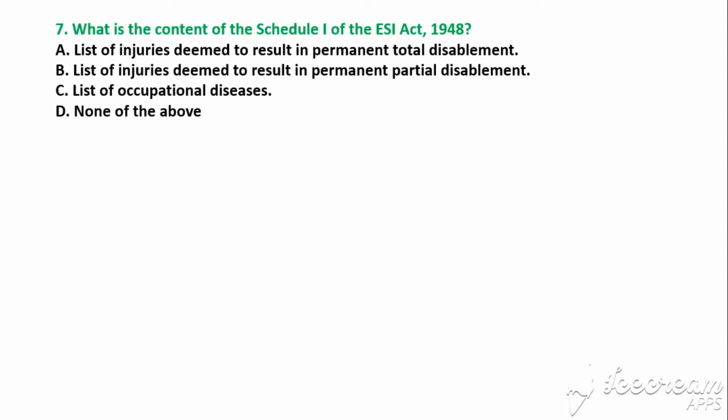So, title means ESI benefit, the objective. This is for the safety purpose, sickness benefit and all these the Act is providing. No, so here we didn't get any point regarding that. So, none of the above is right. Answer D is right.